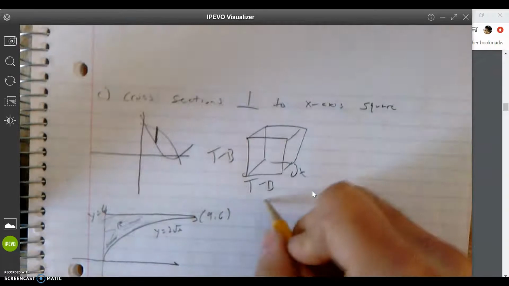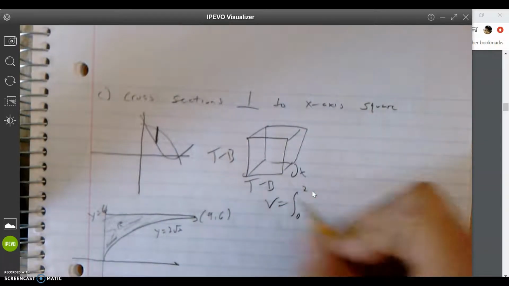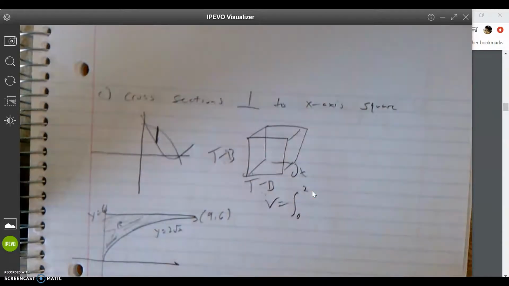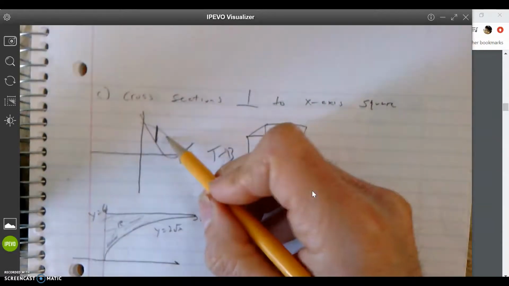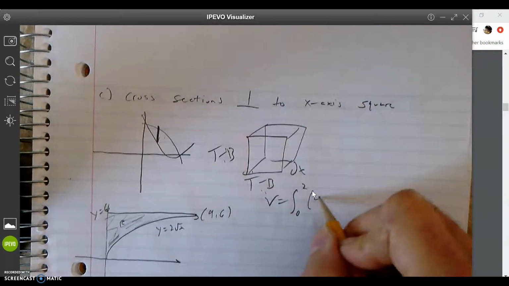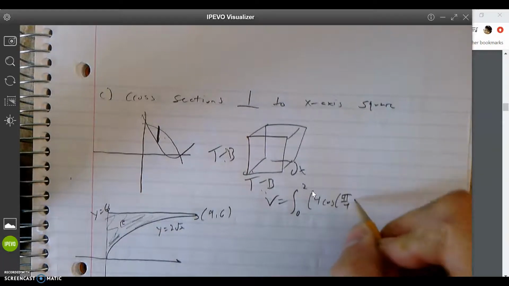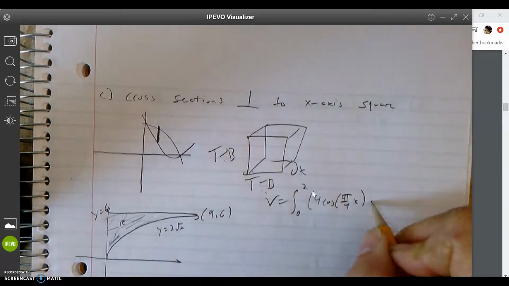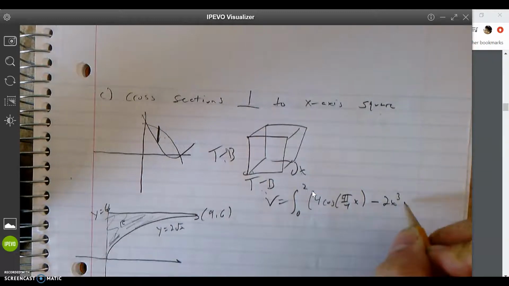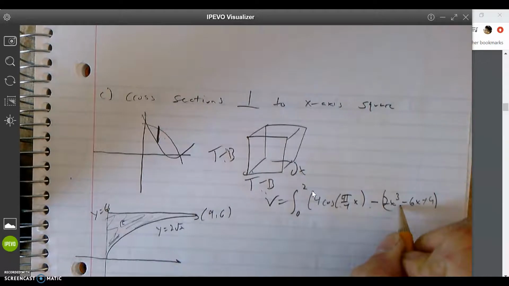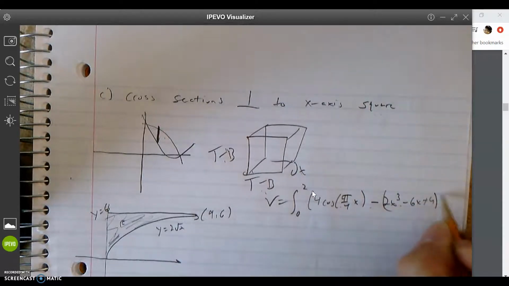And so the volume is going to be the integral between 0 and 2 of length times width times height. So that's top minus bottom squared. So top minus bottom we already got, which is the 4 cosine pi over 4 x minus 2x to the third minus 6x plus 4, top minus bottom, all squared dx.